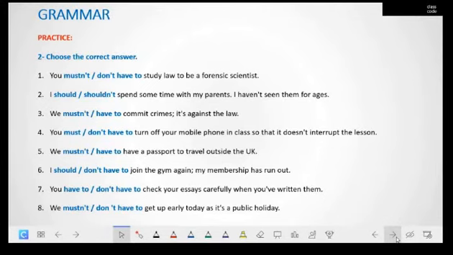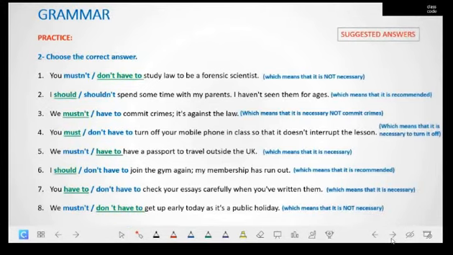All right, I'll show you the answers. Okay, so you don't have to study law to be a forensic scientist, which means that it is not necessary. It means that there is no need, as some of the students said. I should spend some time with my parents.